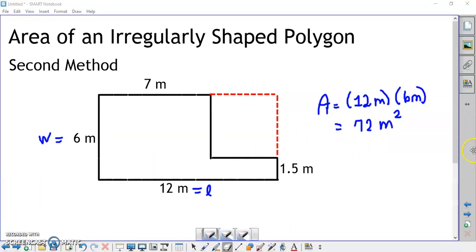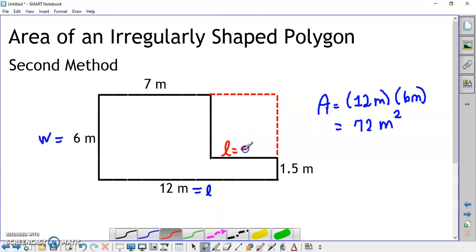For the smaller rectangle that has been cut out, I can see that its length is 5 meters. But I need to figure out the width. If this longer width is 6 meters, and the width of this rectangle that has not been cut out is 1.5 meters, then the width of the cutout piece is 6 meters minus 1.5 meters equals 4.5 meters.